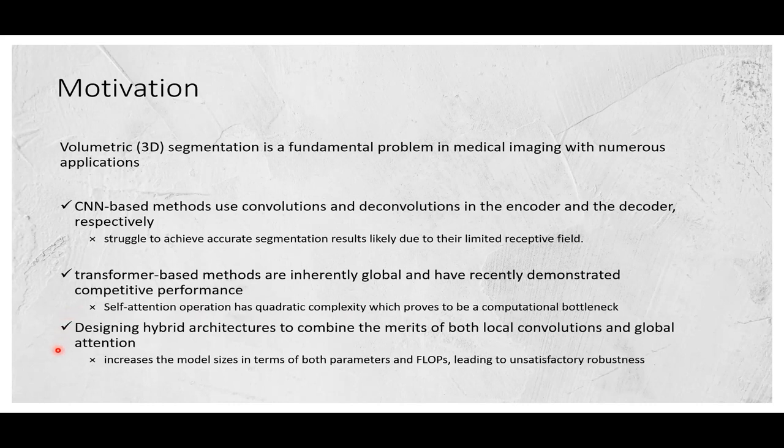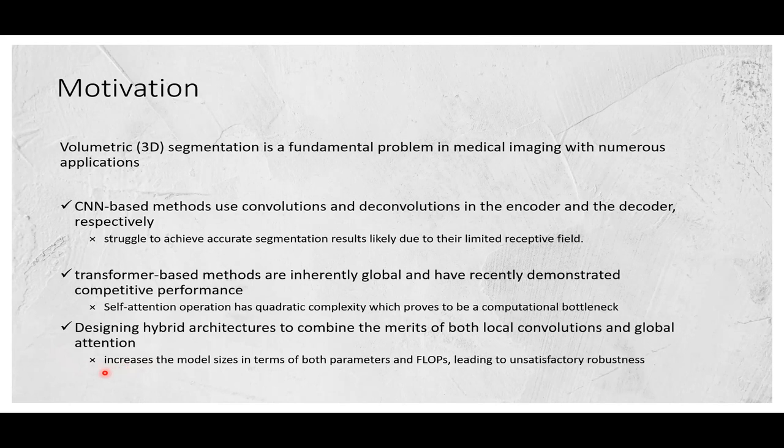So we talked about two solutions for 3D image segmentation, and here's the third one, which designs a hybrid architecture to combine the benefits of both local convolution and global attention. But we also have a problem in this solution.